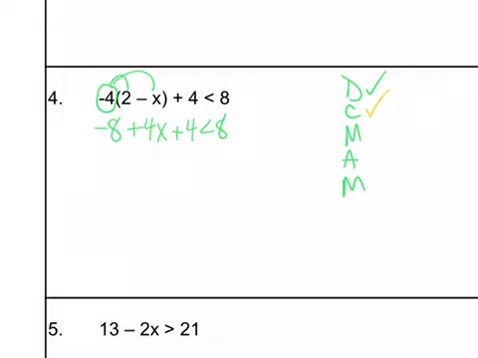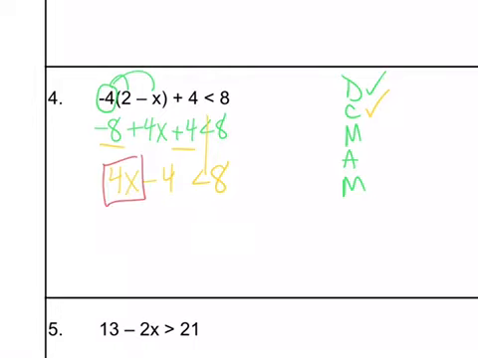I do have like terms that I can combine on the left side. Remember, if I draw that line down the inequality sign, I am looking for things that are the same. -8 and 4 are both numbers that don't have letters or variables. So -8 plus 4 is a -4, and bring everything else down that has not changed.